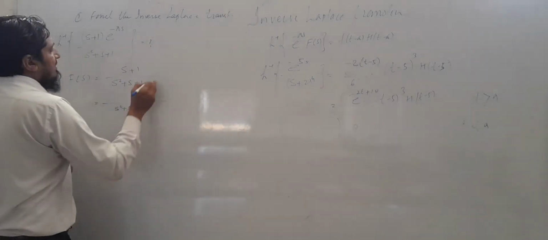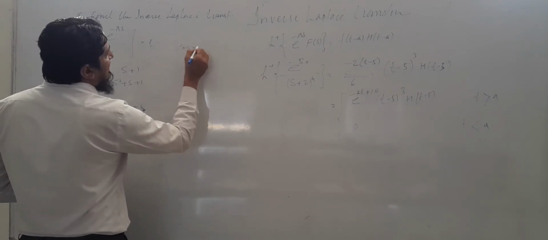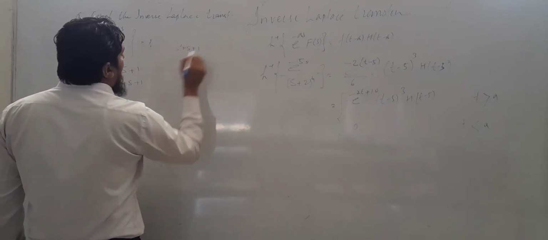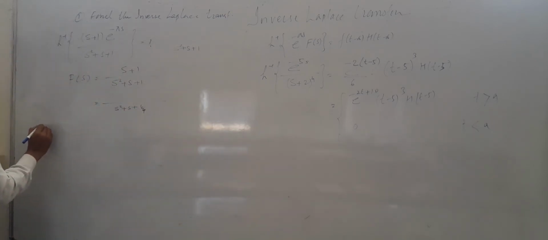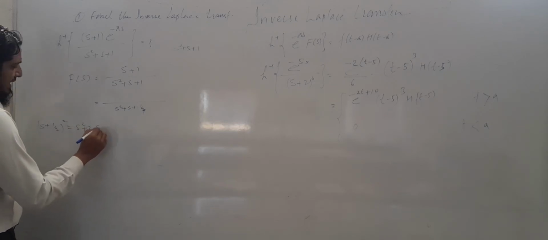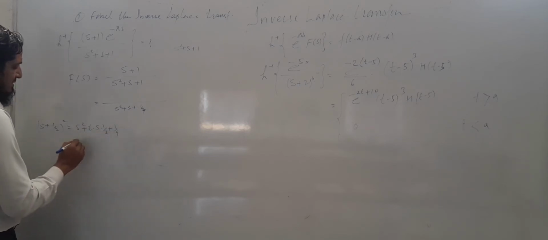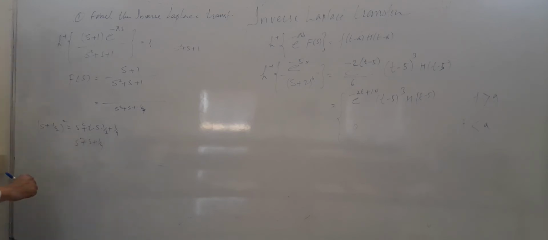Now try to make it s square plus s plus 1. Whenever we apply (s plus 1 by 2) square, we will get s square plus 2 into s into 1 by 2, and (1 by 2) square gives us s square plus s plus 1 by 4. Correct?